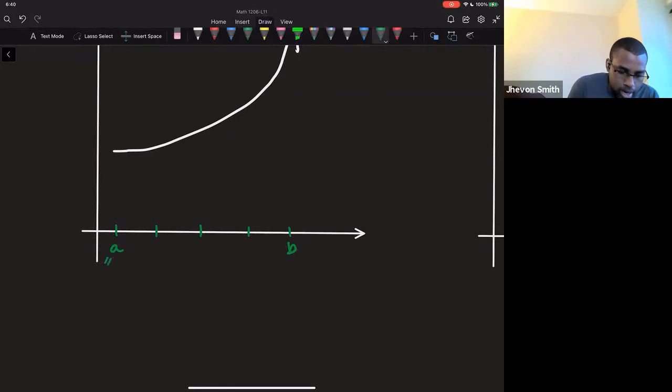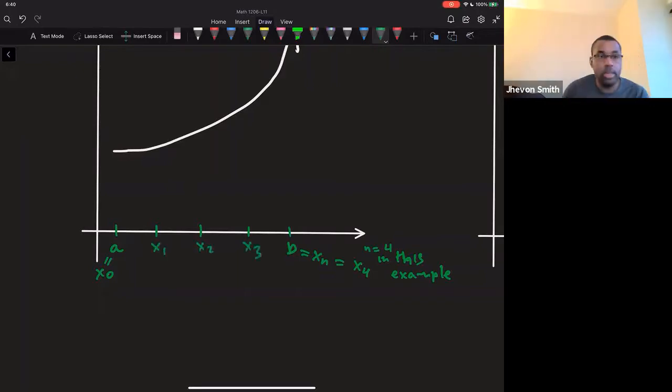Now the A is normally called x0, and the B is normally called xn, where here, that's x4, n equals 4 in this example. And then this would be x1, x2, x3, right?